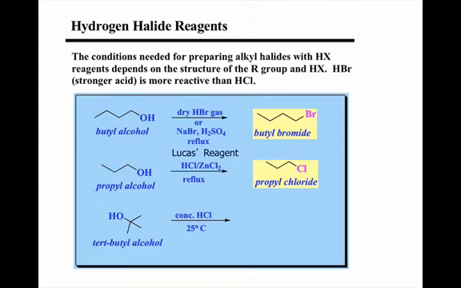It's the worst, because remember, as we go down a family, the nucleophilicity goes up, right? It turns out that chloride is not a particularly good nucleophile, and so you have to add another Lewis acid, in this case zinc, to make this reaction go quickly, okay? And so you add Lucas's reagent. It makes the primary alcohols get converted into the alkyl chlorides much more efficiently. Will it work without zinc chloride? Yes, you'll just be waiting a really long time, okay?